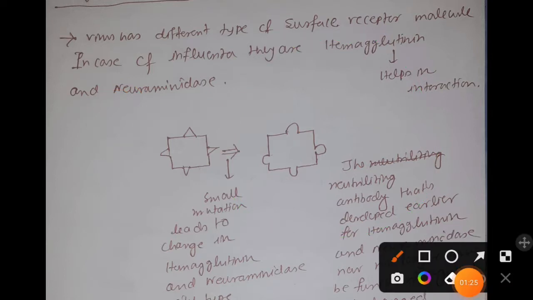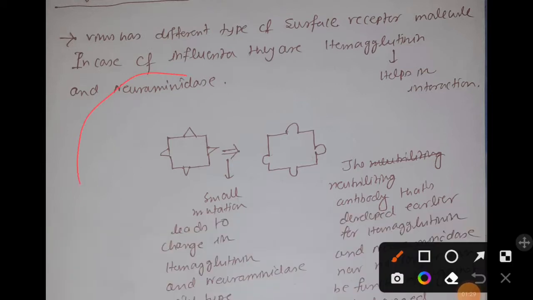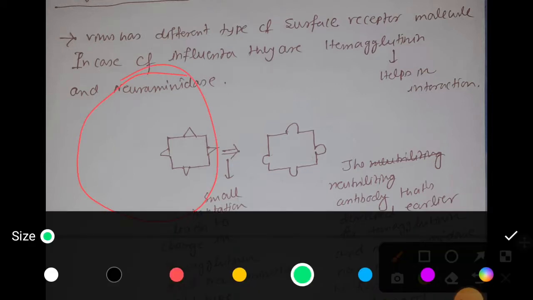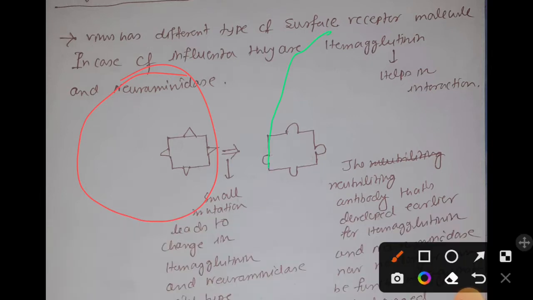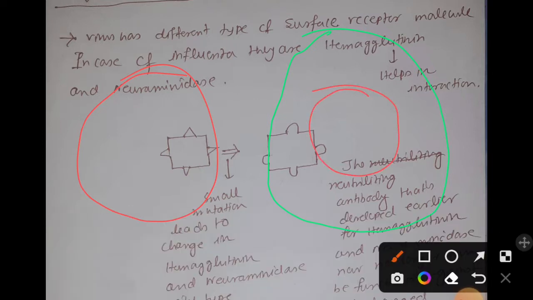Our host has an immune system that has the ability to make antibodies against that virus, and it also provides us protection whenever that virus is going to infect us again.